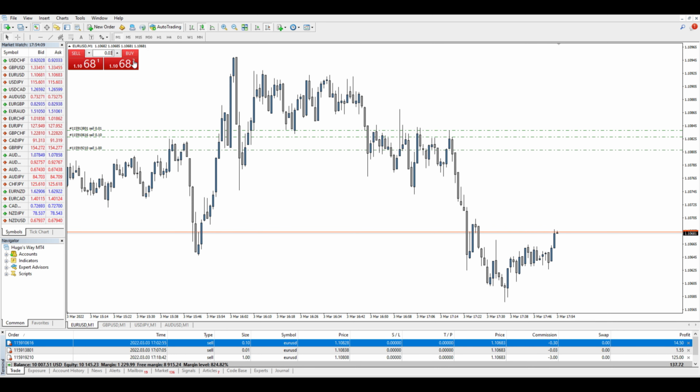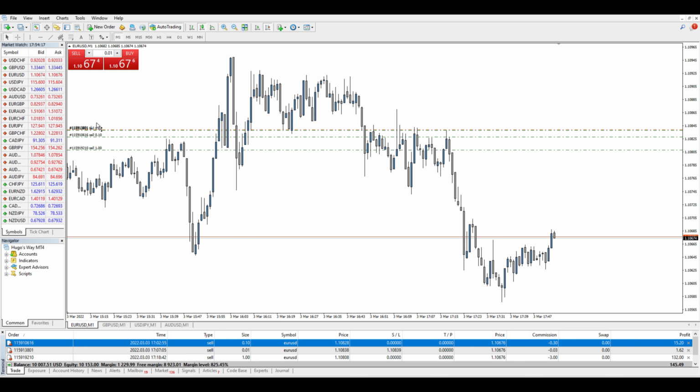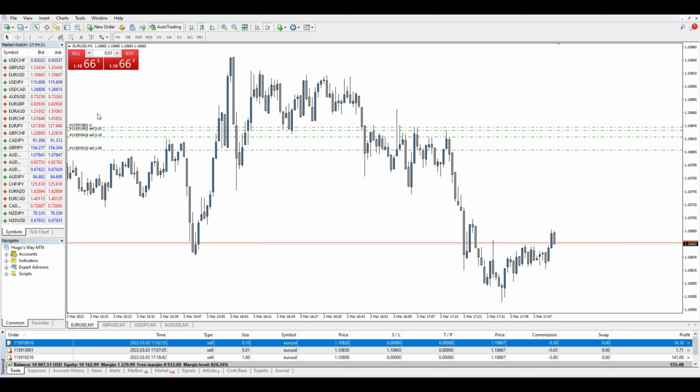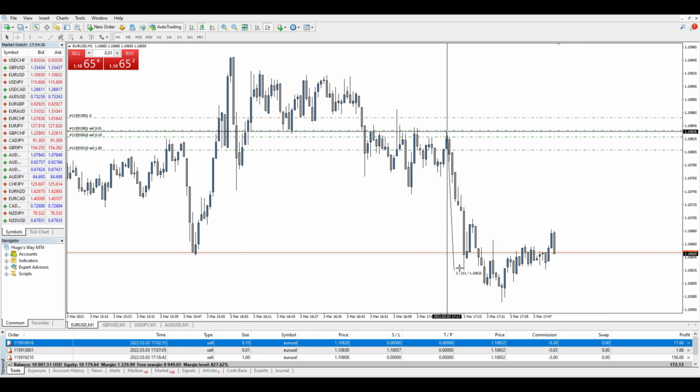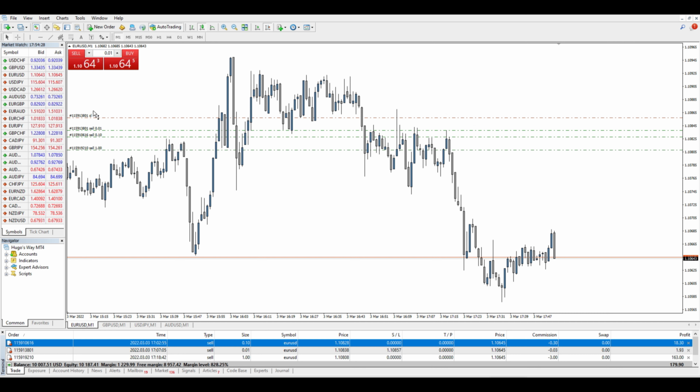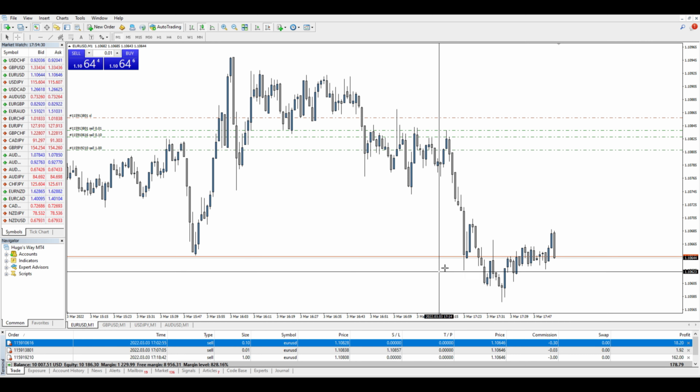As you can see right over here, we took a sell. That's the stop loss. We took a sell for 10 cents. Price pushed 10 pips in a direction. We just made $1. Our take profit should be right here. This is our TP.